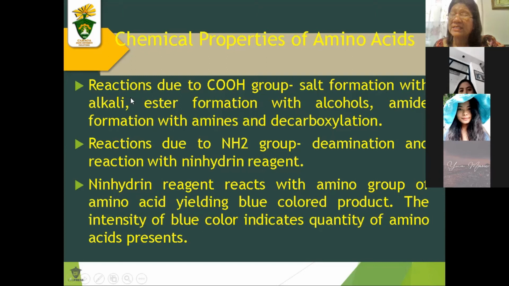The first reaction of COOH is salt formation with an alkali. Then ester: what makes it an ester? It needs an alcohol, meaning amino acid plus alcohol forms an ester. Then the amide formation, of course, amino acid with an amine compound. And the last one is decarboxylation. Now, there are four of them. What is decarboxylation?